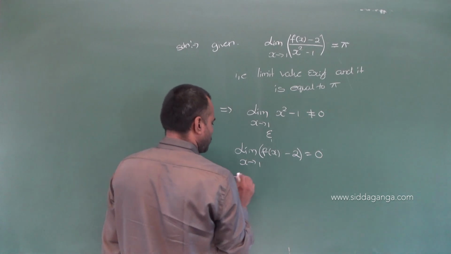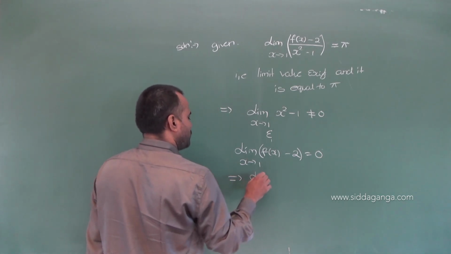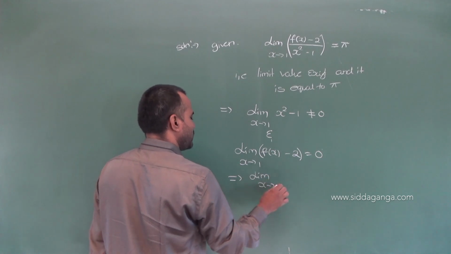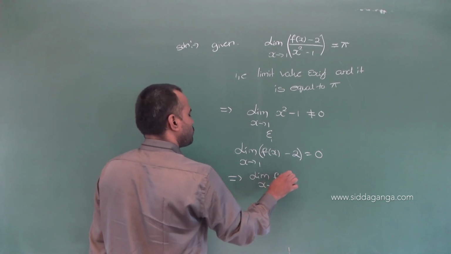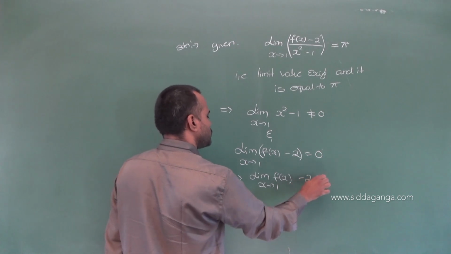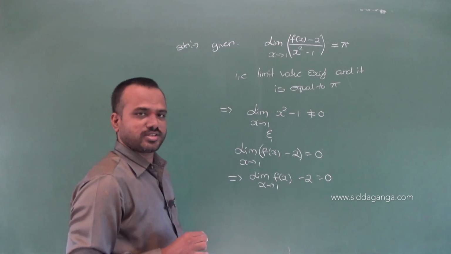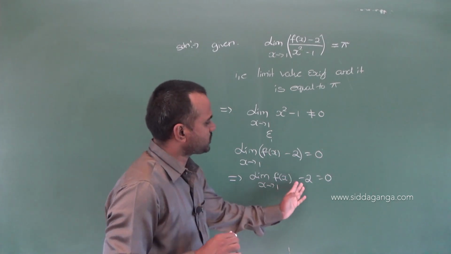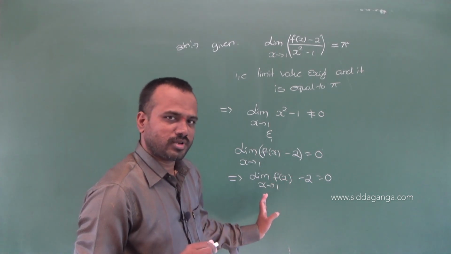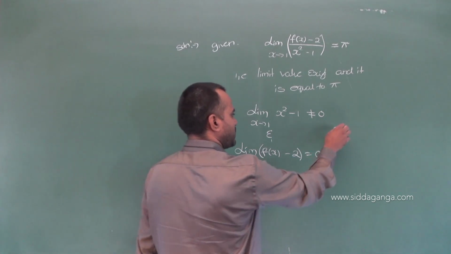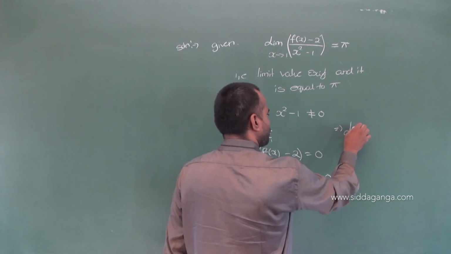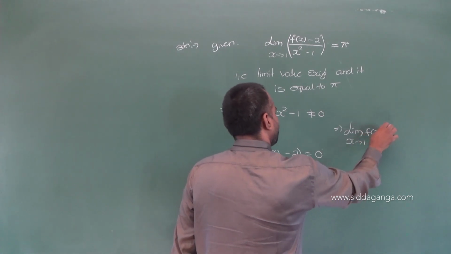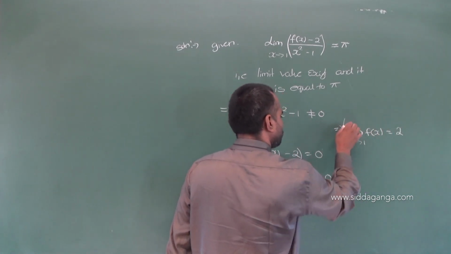Shifting minus 2 from the left side to the right side, that implies the limit as x tends to 1 of f of x is equal to 2.